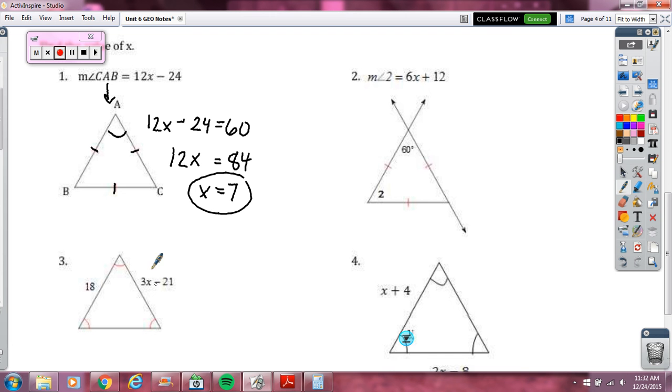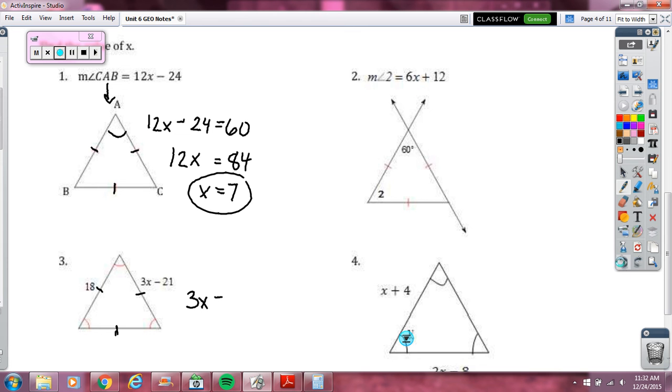On number 3, first of all, I look and I see these markings on all the angles, so I recognize, ooh, this is an equiangular triangle, meaning if all the angles are the same, then all the sides are the same too. So if this guy over here is 3x minus 21, and this guy over here is 18, then those two had better be equal to the same thing. Notice the angles are all equal to 60, but the sides are not.